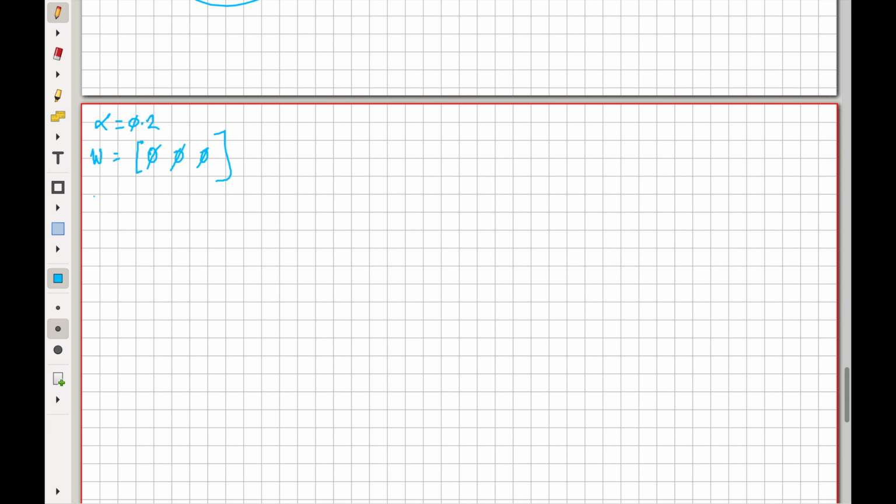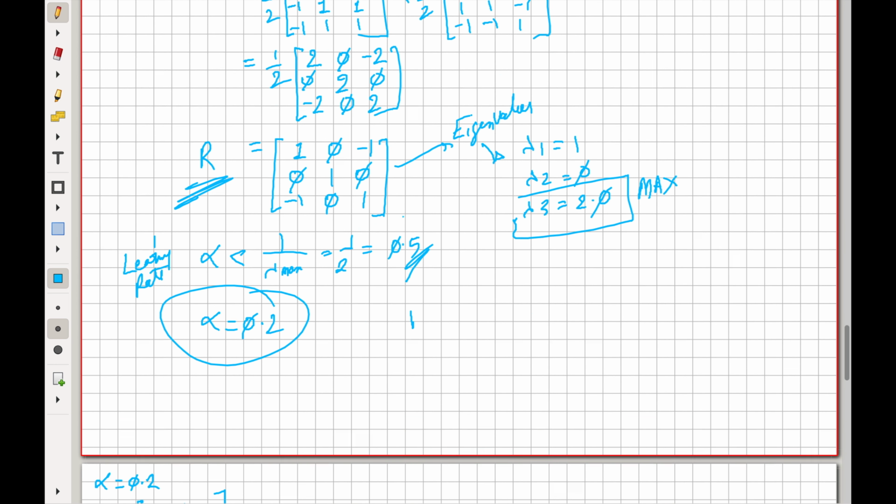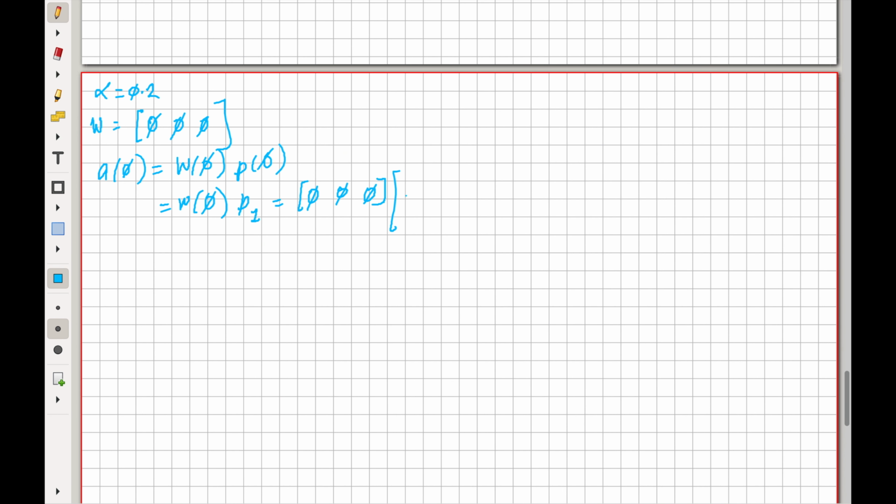And with that, we try to calculate A0. This is going to be equal to W0 P1, where P1 is the input 1, and what that gets us is 0 0 0, that's what we initialized with, times 1 -1 -1, which is what we write here, and that gets us a value of 0.